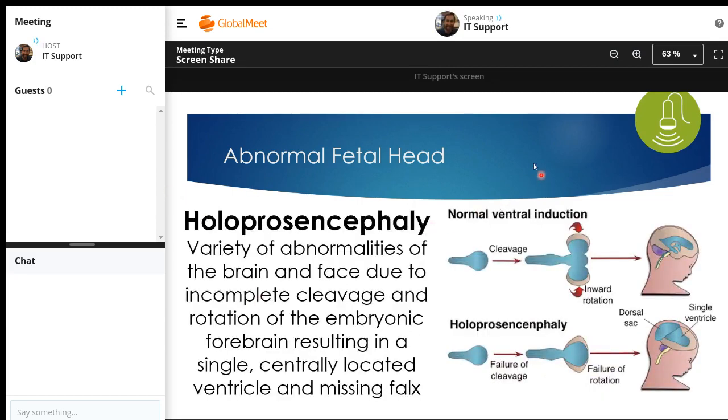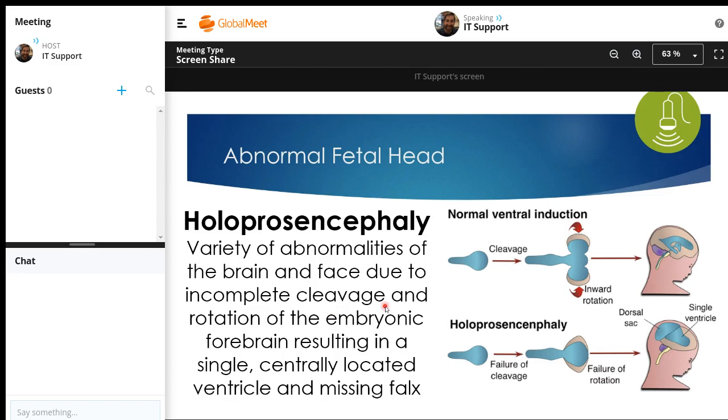All right, so we're going to move on. We're going to talk about holoprosencephaly. This is something that is pretty severe in the fetal head. There are different types of holoprosencephaly that we'll talk about. But holoprosencephaly is a variety of abnormalities of the brain and face that happen because of incomplete cleavage and rotation of the embryonic forebrain.